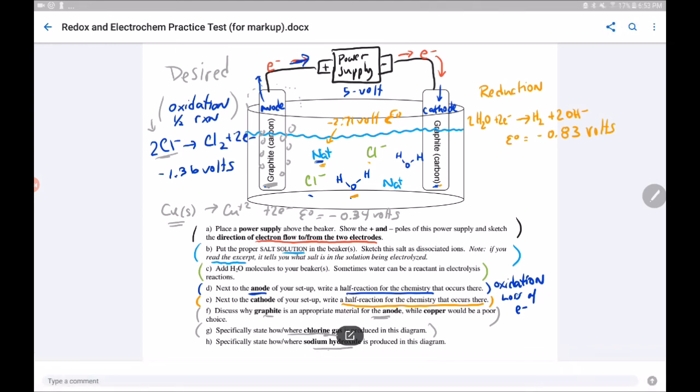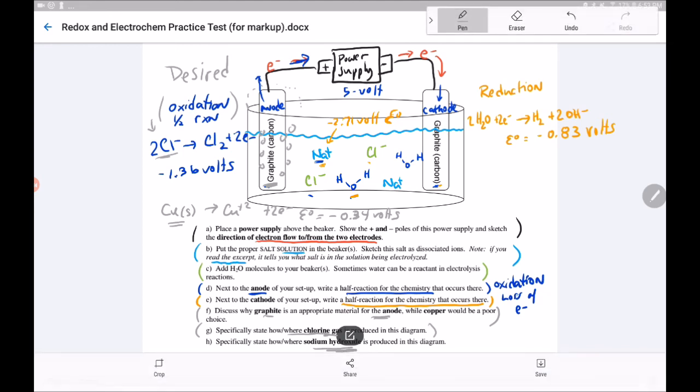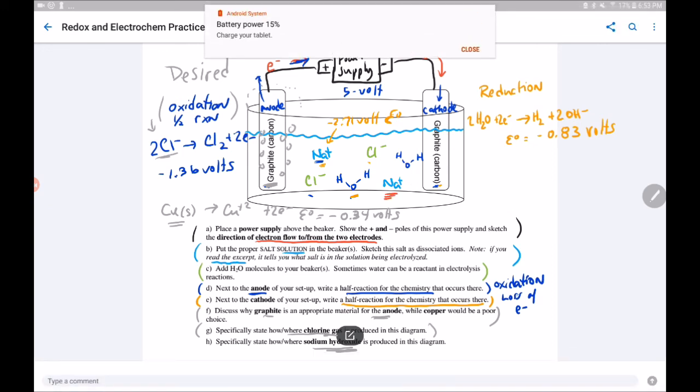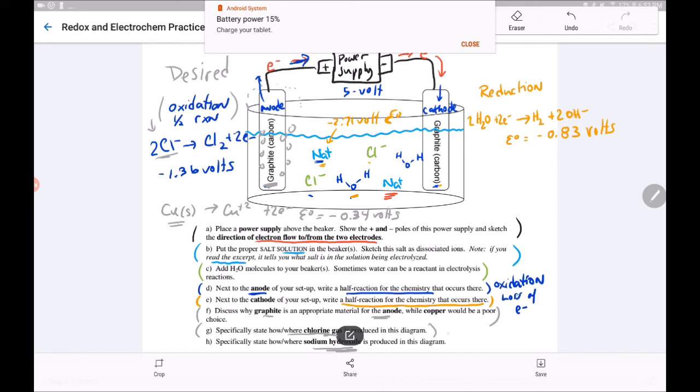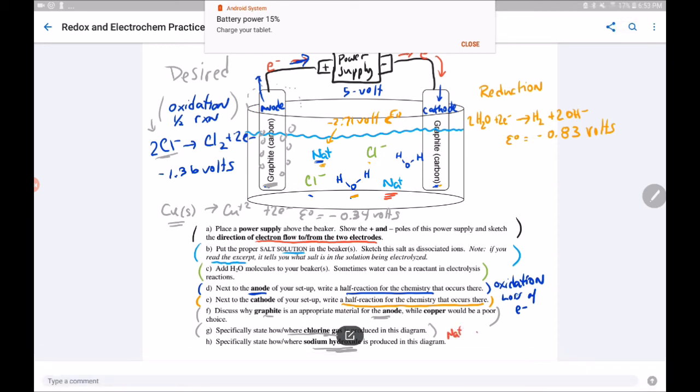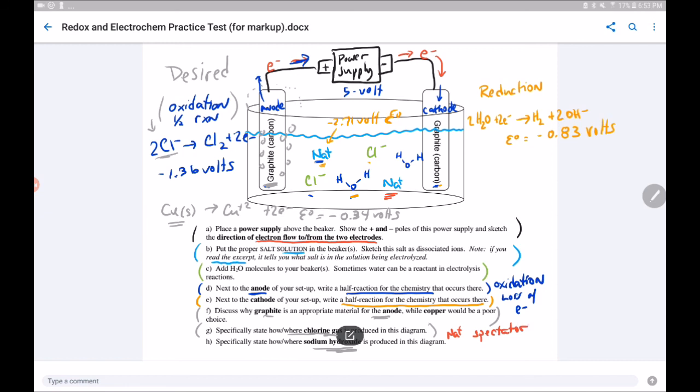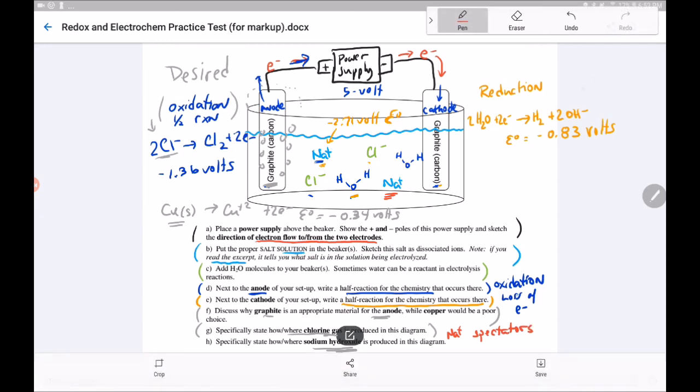The last question, where is sodium hydroxide produced in this diagram? Okay. There won't be NaOH stuck together, but there will be sodium ions that are spectators. And we have seen that this half reaction for reduction produces OH minus.